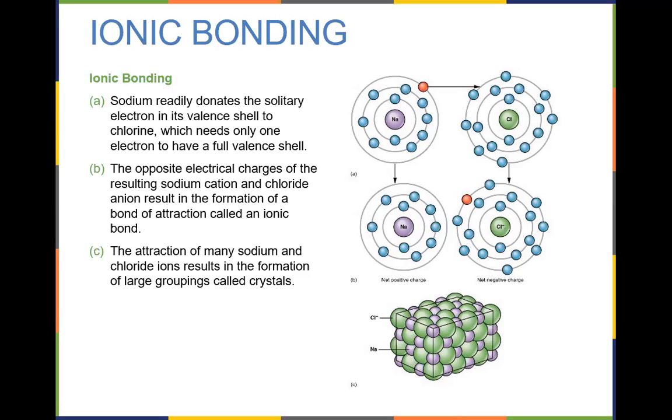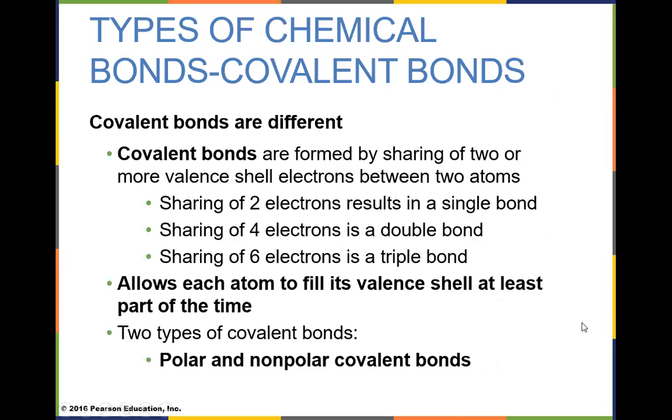And so this is what an ionic bond does. And all salts are held together with ionic bonds. And in our bodies, we're using sodium and potassium and chlorine and magnesium and calcium as ions held together through ionic bonding. So that is not necessarily the simplest, but it's a very simple type of chemical bonding.